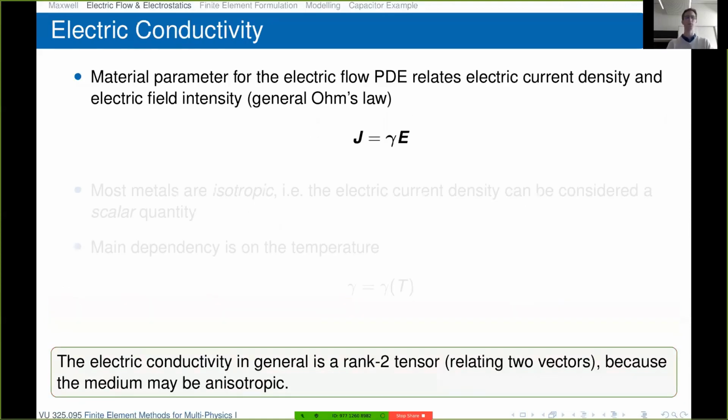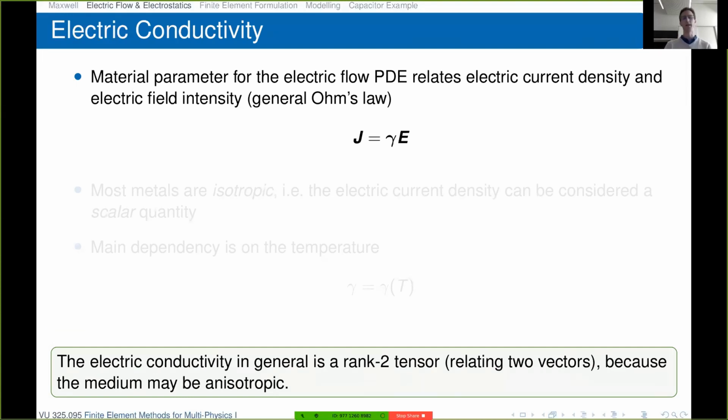So what do we need as a material parameter for electric flow? We need the electric conductivity, which by Ohm's law relates the current density to the electric field. We can see that since it relates vector valued quantities, it has to be in general a tensor of rank 2, because our medium might be anisotropic.